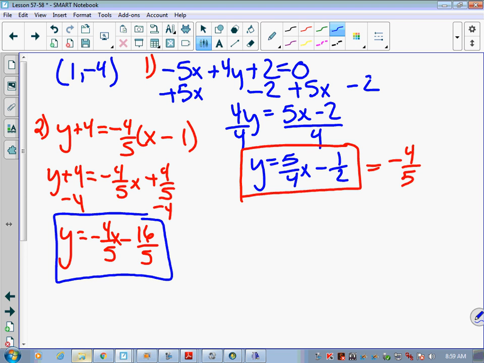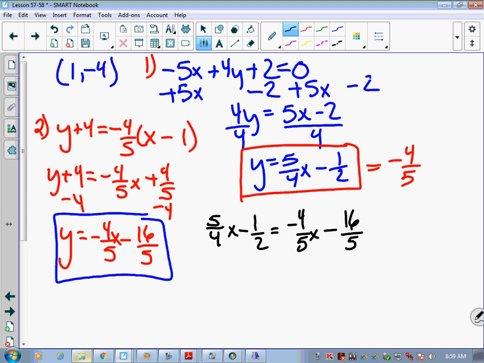What is step number 3, Zamira? Okay, so set them both equal to each other. So we have 5/4 x minus 1/2 is equal to -4/5 x minus 16/5. I think this is probably one of those good opportunities to multiply by something that's going to get me whole numbers, because all through here, they're all fractions or decimals.